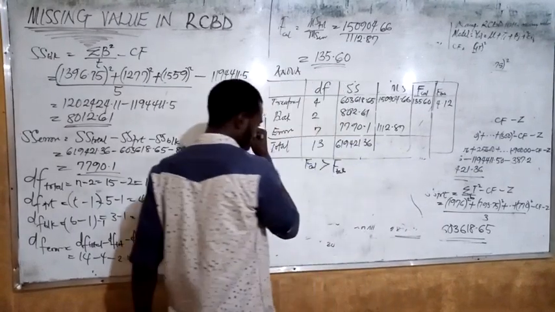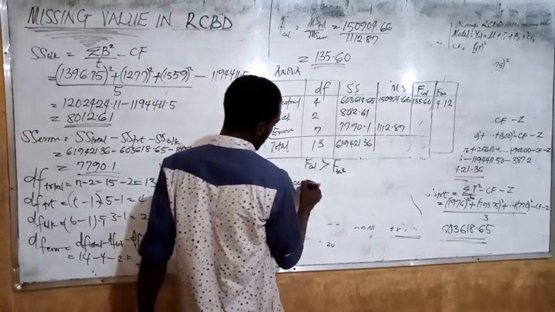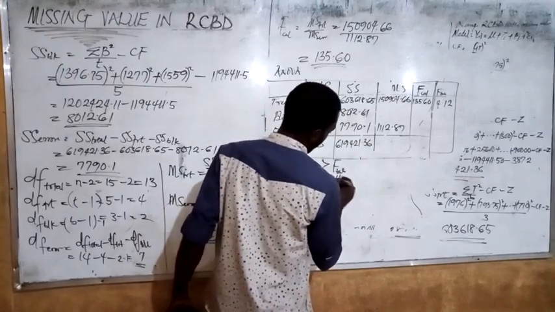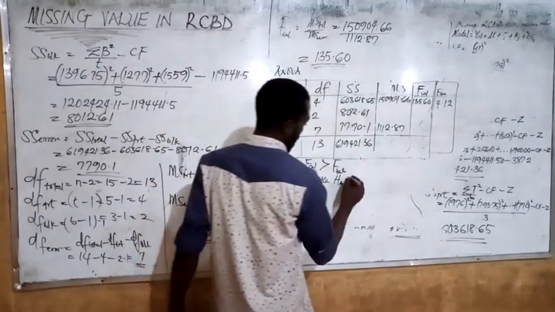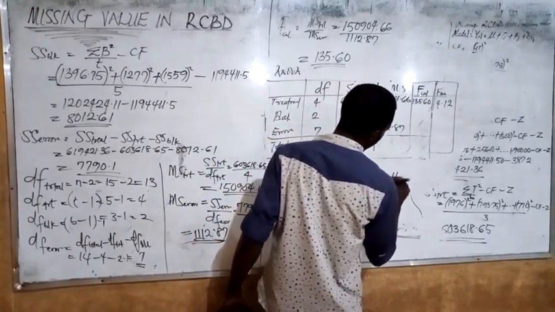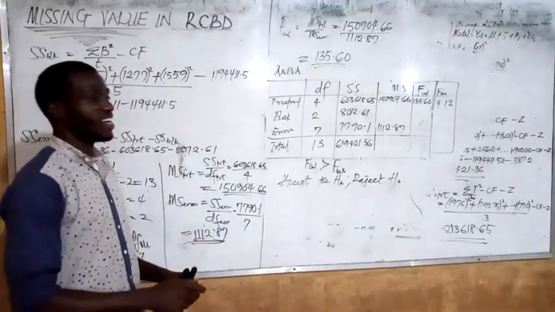So what does that mean? Since F cal is greater than F tab, what do we do? We accept the alternative hypothesis and reject the null hypothesis, because of course there is a very, very significant difference.